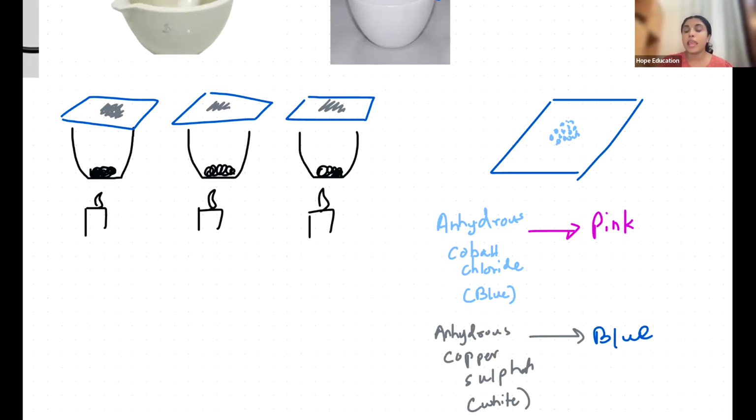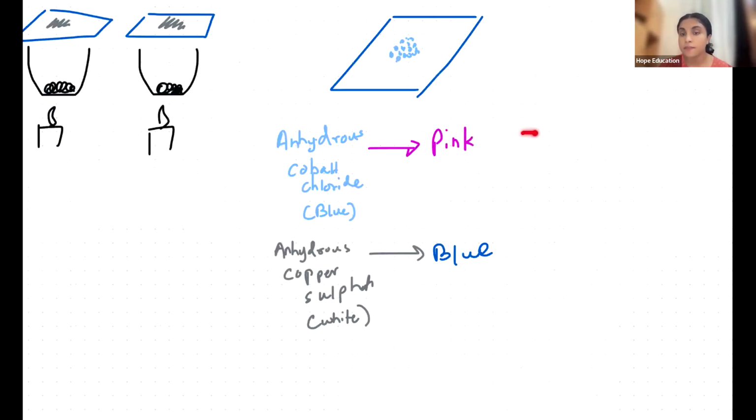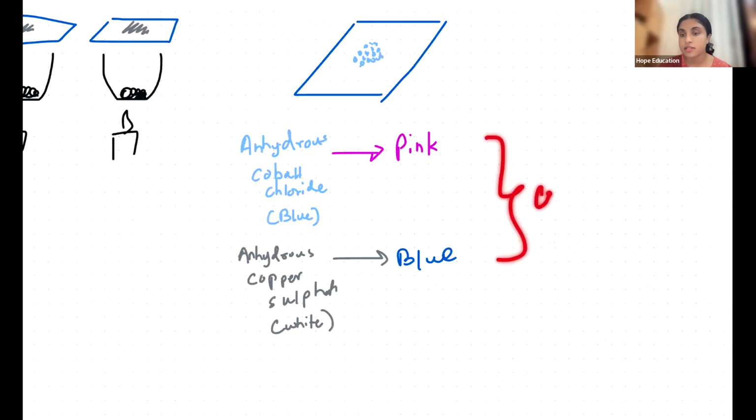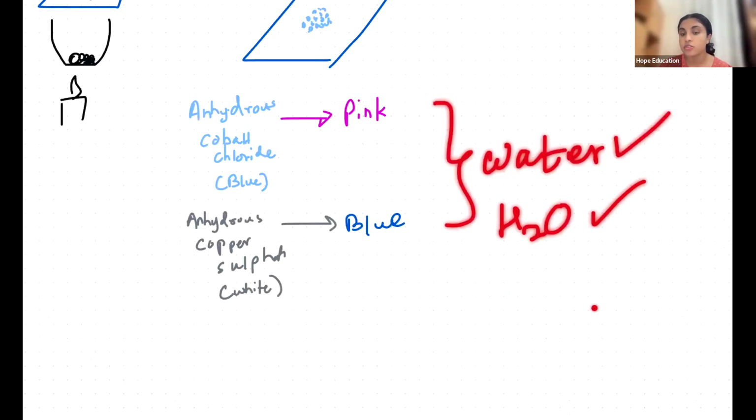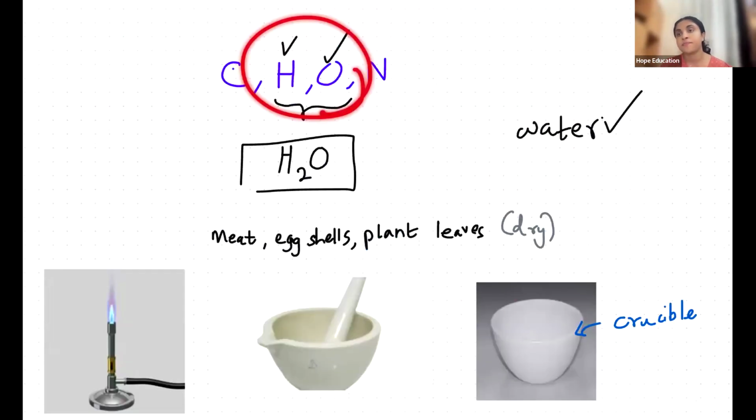So if either of these two shows a color change, you can say water is present. You know water is H2O. So H2O is present, which means both hydrogen and oxygen are present. From that we can confirm that the particular food item has hydrogen and oxygen.